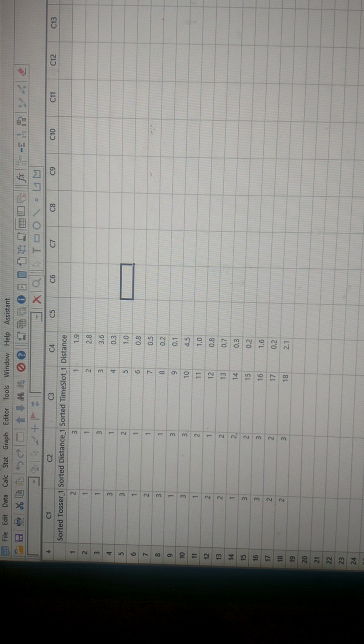So this is an example. If we think of thrower as the blocking factor, and the distance that you're throwing from as the treatment factor, this is the case where everybody had n equals 2. There's 2 replicates for each block treatment combination.